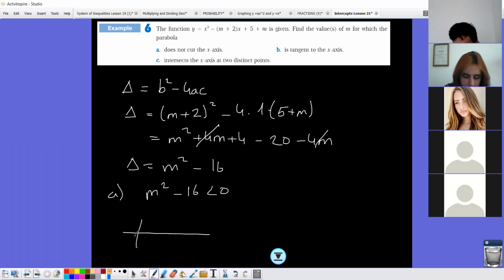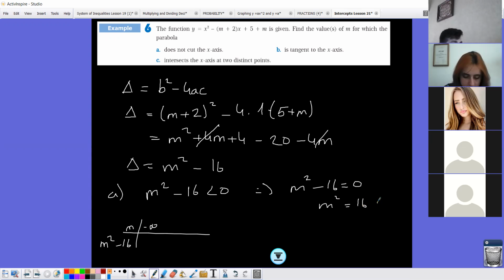What will be the critical points? m squared is equal to 16, so m1 will be 4 and m2 will be minus 4.